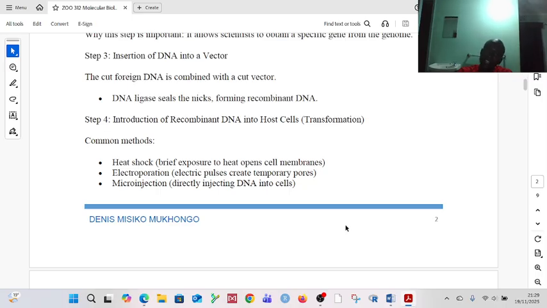Then hopefully now the vector can enter through that hole. Another method is electroporation, where you use electric pulses to create pores on the cell membrane of the host cell. Another one is micro injection, where you use tiny needles to directly inject DNA into the host cell.